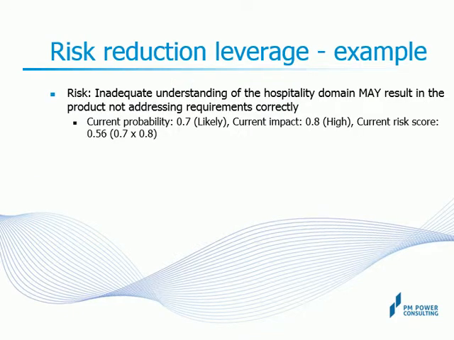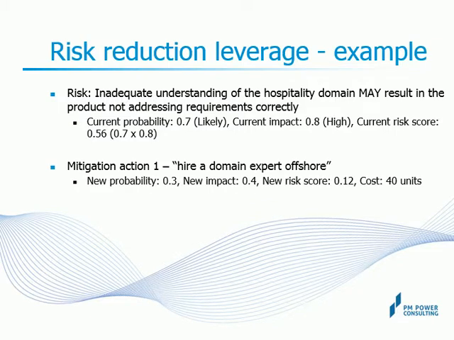We have shown in this slide the risk that we saw earlier and its associated risk score prior to any mitigation action. That risk score happens to be 0.56. Next, we have taken one of the mitigation options from our earlier list, hiring a domain expert offshore.